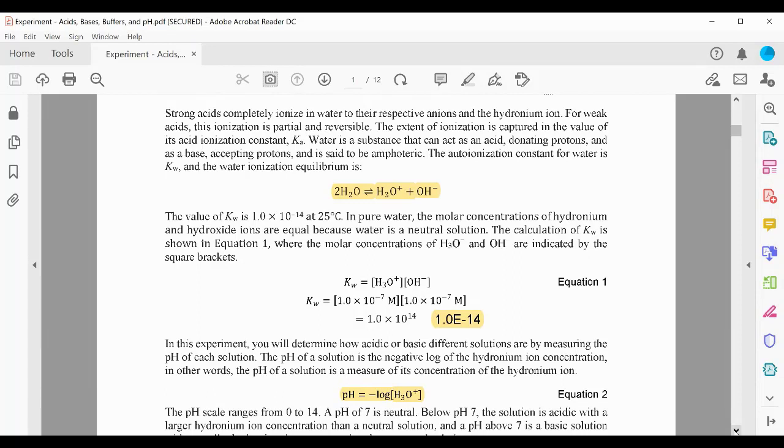If you have hydrochloric acid and you put it in water, it dissociates completely. You won't have a molecular hydrochloric acid anymore. And weak acids only dissociate partially. This is what they are talking about here. And the reaction is reversible.